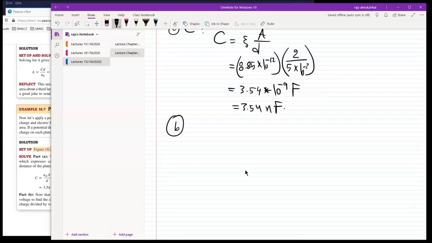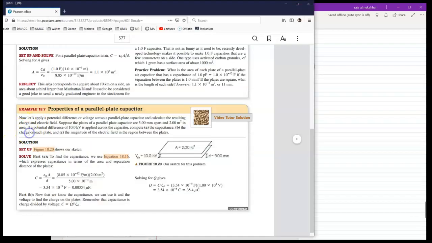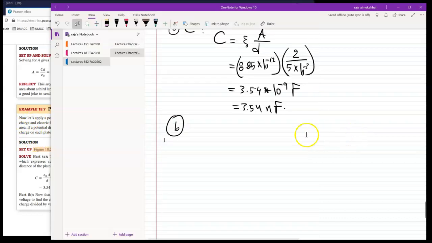He says, let's go back to the problem. He said the charge on each plate. The charge on each plate. Well, we know that C is equal to Q over V. And C I have already gotten, which is this number right here. And V is given to me, it's 10,000, correct? So therefore, Q is equal to CV, right?